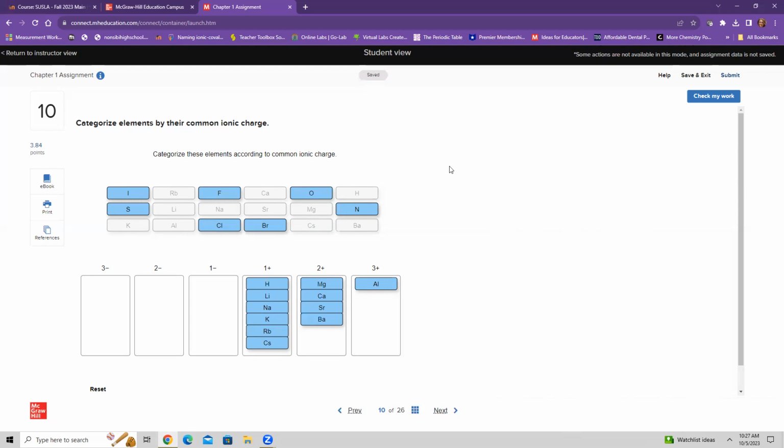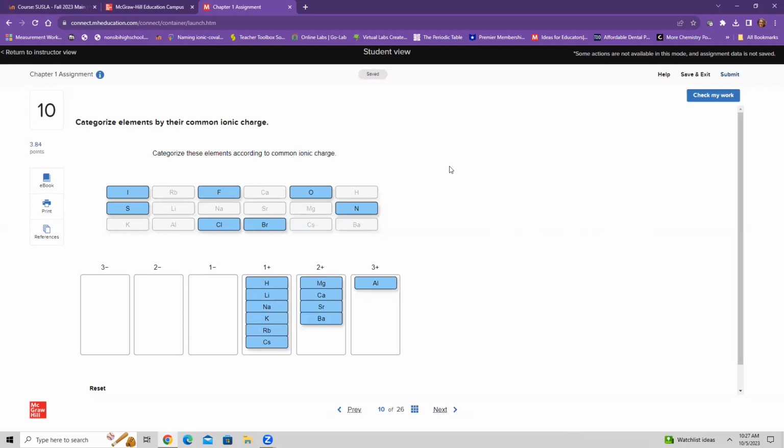Or let's do fluorine. Fluorine's easier because it has fewer electrons. So fluorine is a 9. It has 9 electrons because that's what it says, and 9 protons.